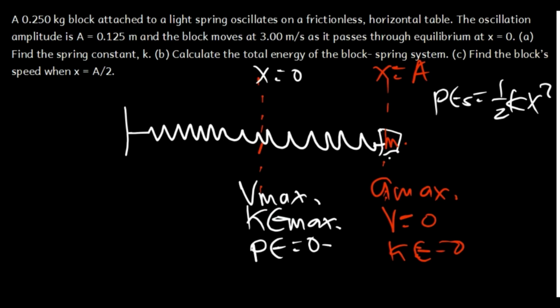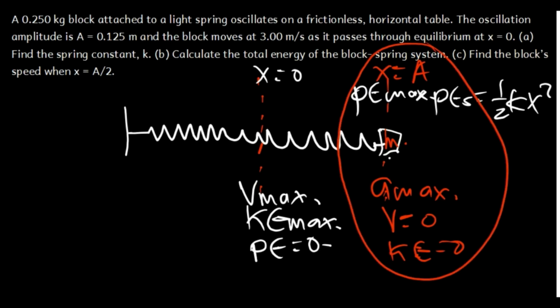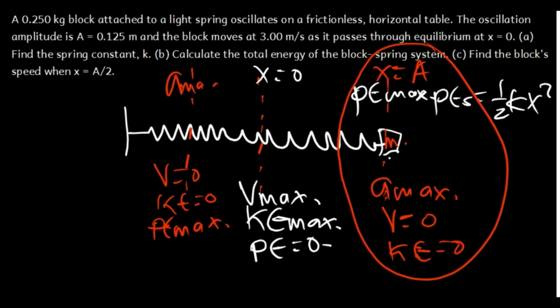At this point, we expect the velocity to be 0, kinetic energy to be 0, potential energy to be at its maximum, and acceleration to be at its maximum when you are compressing the spring.